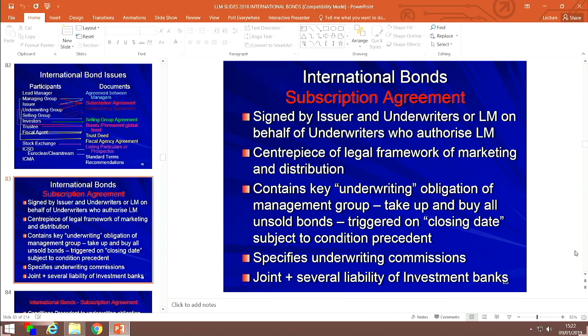And that's how the money is paid. It's not paid up front, it's paid on closing date when the funds are received for the issuer.